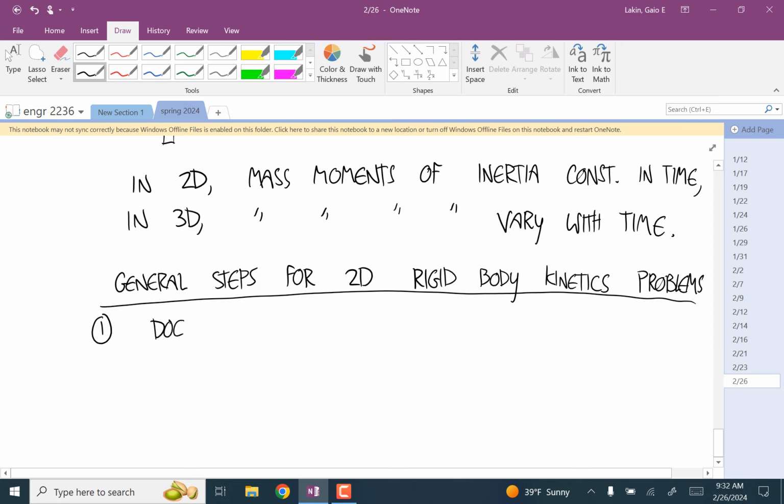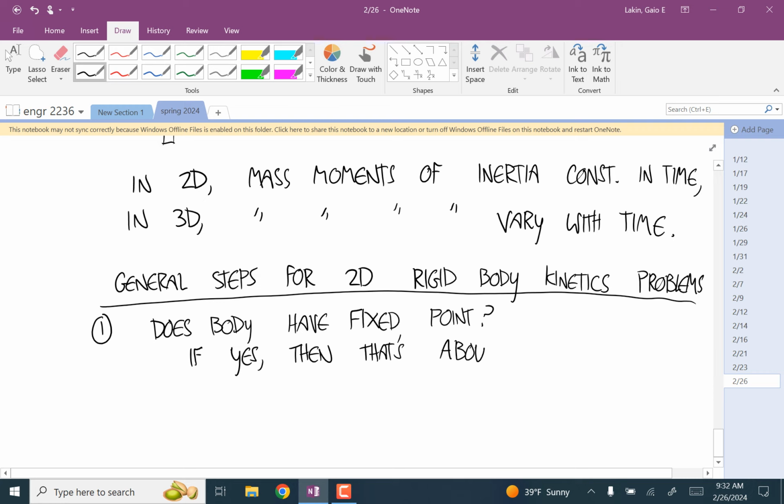So does the body have a fixed point? If it does, then that's the about point. If it doesn't, then the center of mass is the about point.